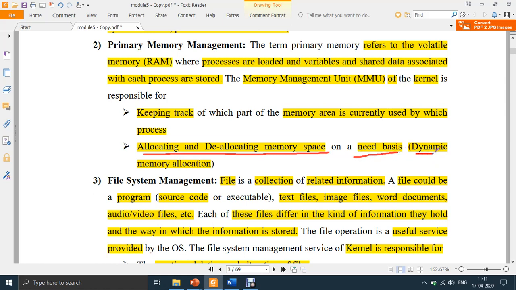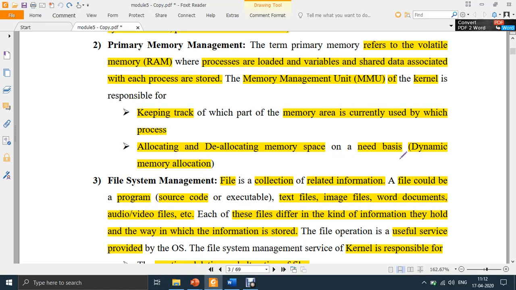Need basis means it is dynamic memory allocation. You might have already studied static allocation and dynamic allocation of memories. In static allocation, whenever you start an application, that application will be allocated some memory, and once it is allocated that memory, it cannot demand extra memory. More memory cannot be given to it.